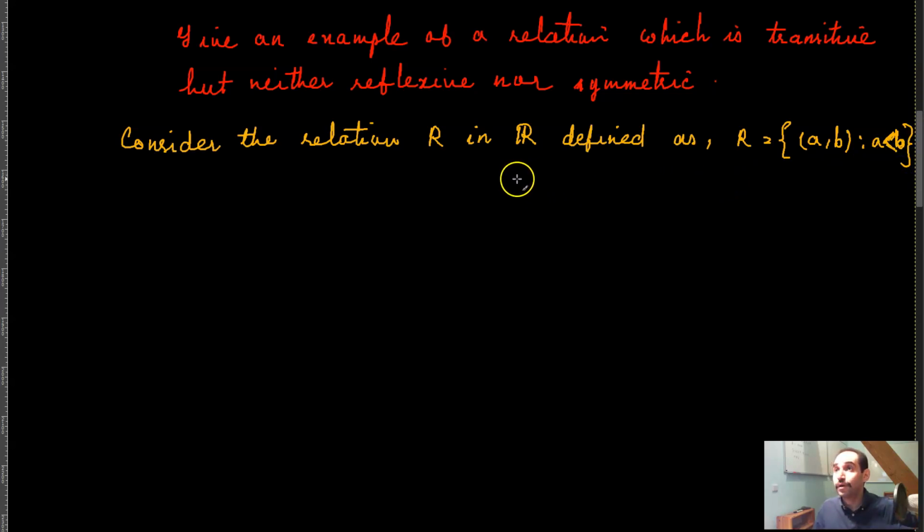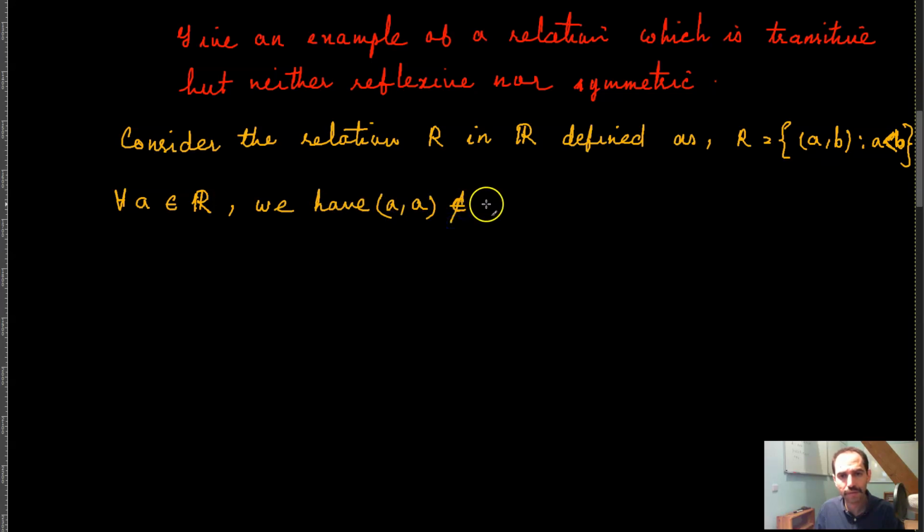Now for any a belonging to ℝ, we have (a, a) does not belong to R. Please pay attention that ℝ denotes the set of real numbers, and R is the relation that we have here.